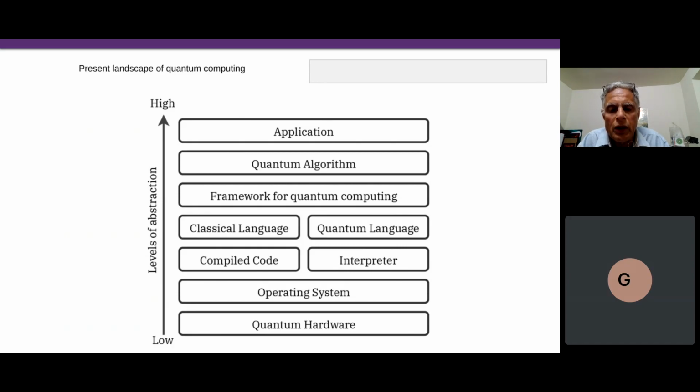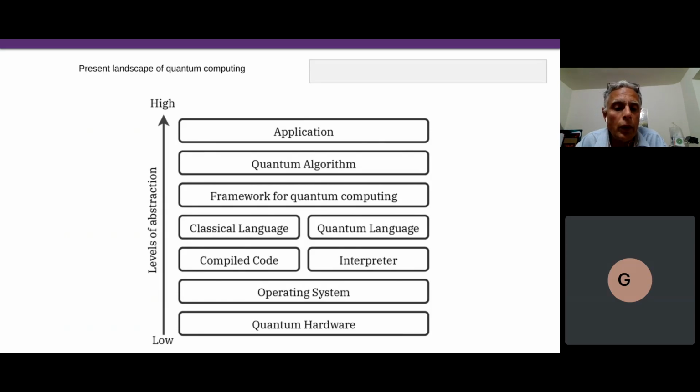So the instructions for that have to be compiled, and then you have a framework of quantum computing along with the quantum algorithm and the application. So applications drive the algorithm, algorithms drive the framework, and the framework has input and output based on classical, but at the same time, the compilers compile it and then it is interpreted with the control units which are quantum, and then operates with the operating system with the quantum hardware, where cryogenic is one example.